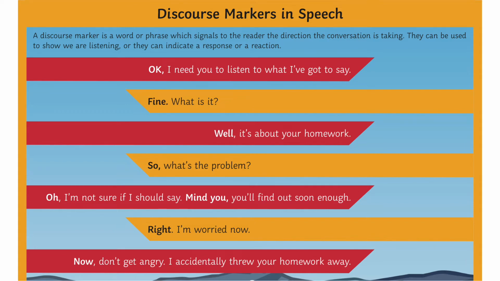Well, it's about your homework. So, what's the problem? Oh, I'm not sure if I should say. Mind you, you'll find out soon enough. Right, I'm worried now. Now, don't get angry. I accidentally threw your homework away.